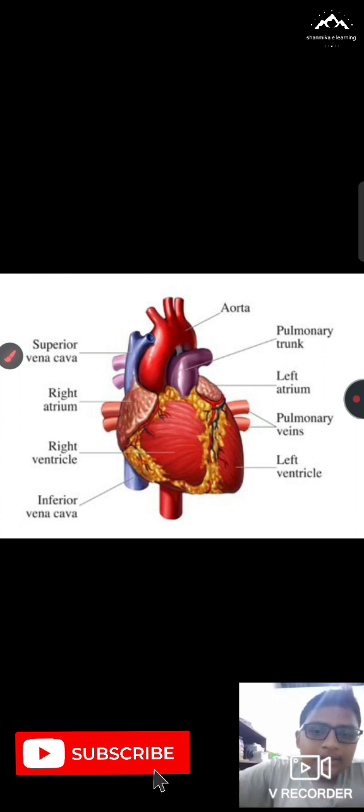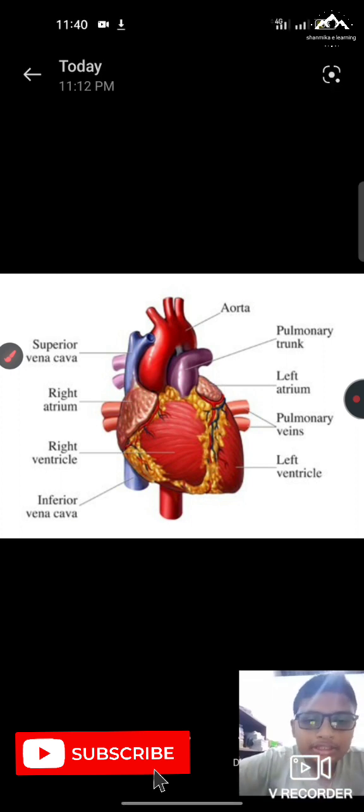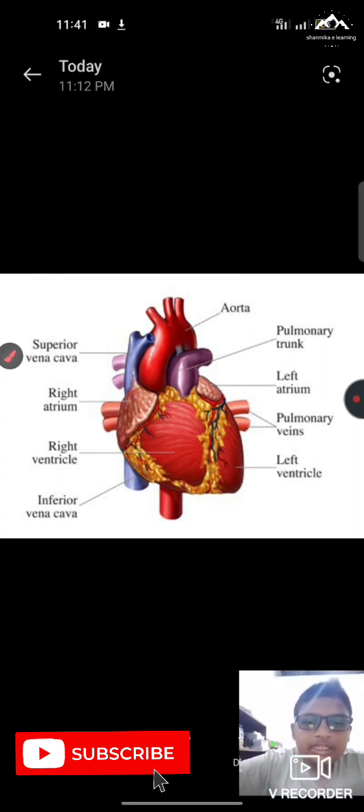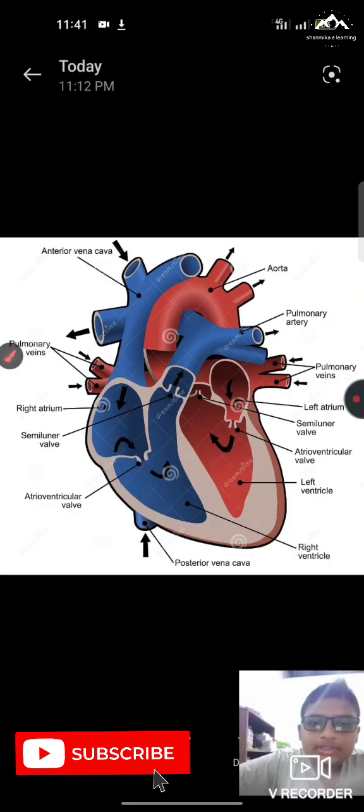The inferior vena cava takes the deoxygenated blood from the bottom organs of the heart, like the digestive system. And the aorta is connected to the left ventricle, and these veins are also connected to the heart, here you can see.